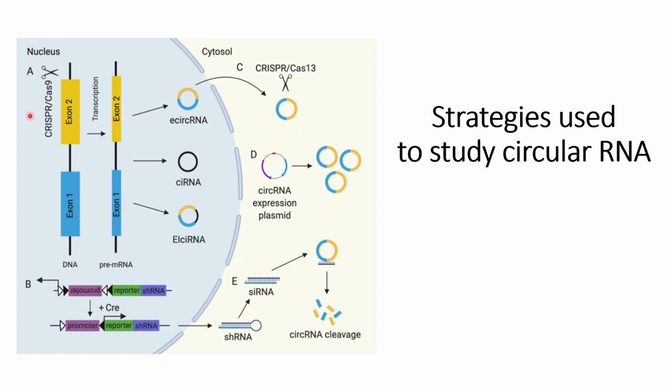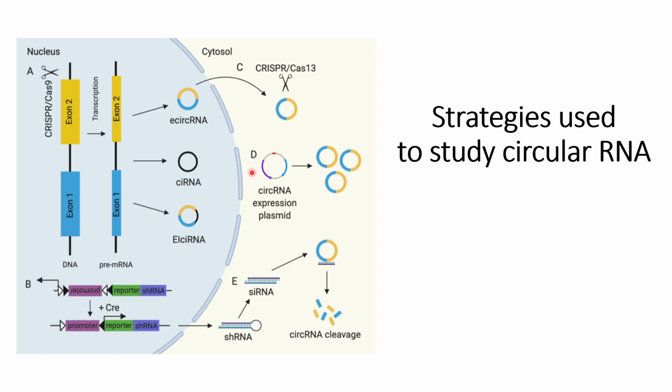Whereas when we are using the CRISPR-Cas9 system, the intronic part flanking the circular region is cleaved off, so there is no formation of circular RNA. In the case of CRISPR-Cas13, it will cleave the circular RNA after it is formed.